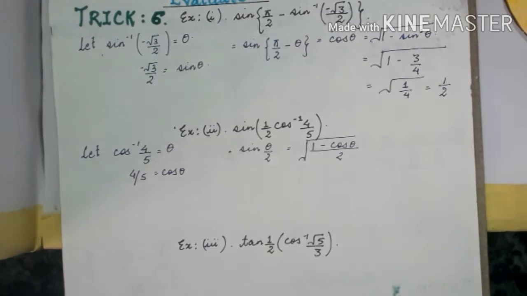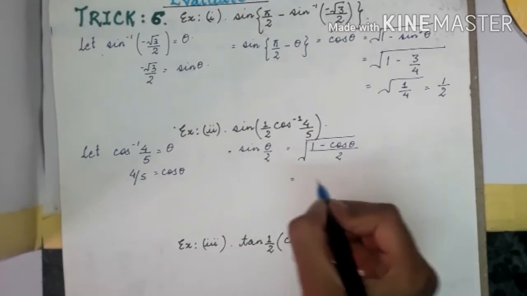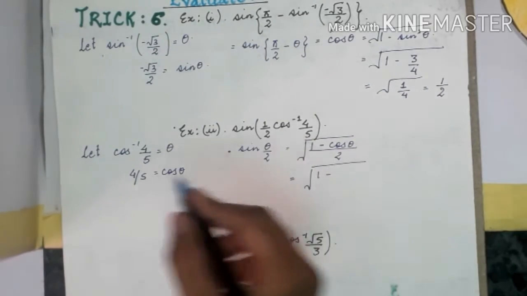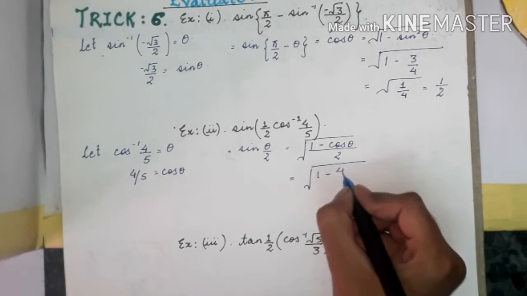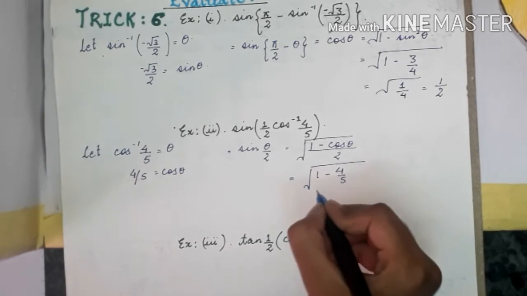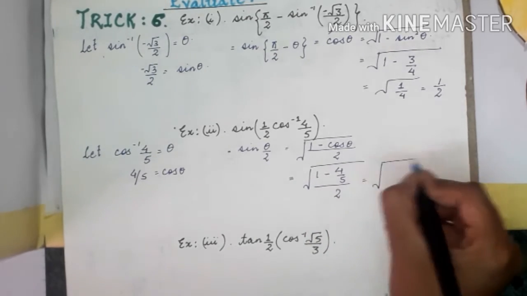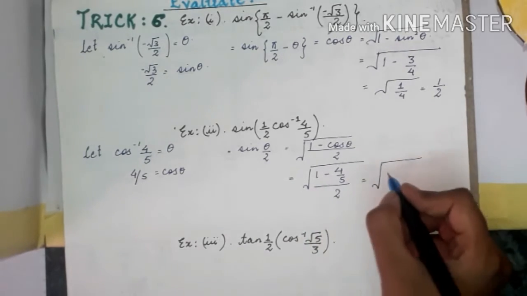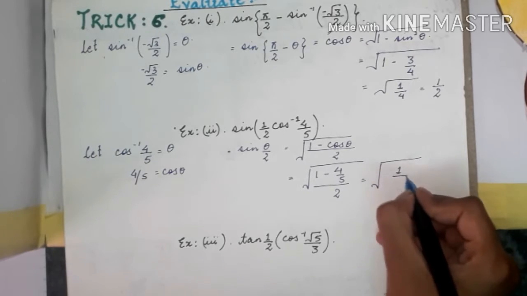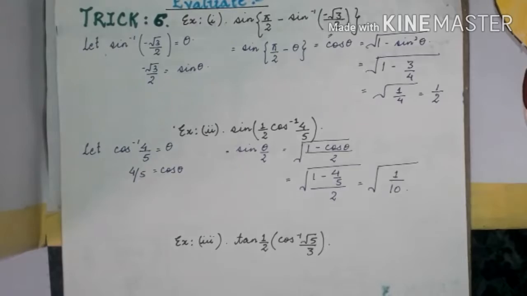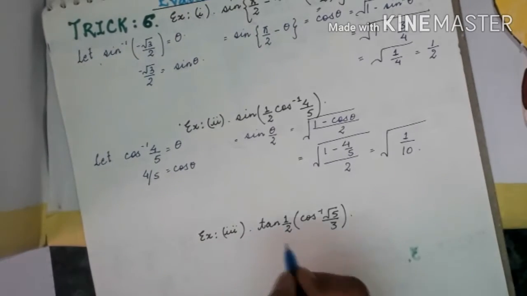Now just put the values and get the answer. 1 minus cos theta, that is 1 minus 4 by 5, upon 2. It is under root 5 minus 4 is 1 upon 10. This way you can get this answer.